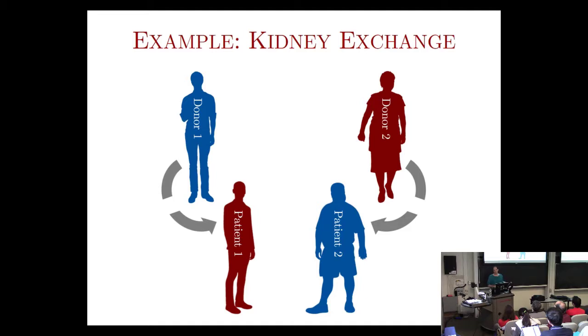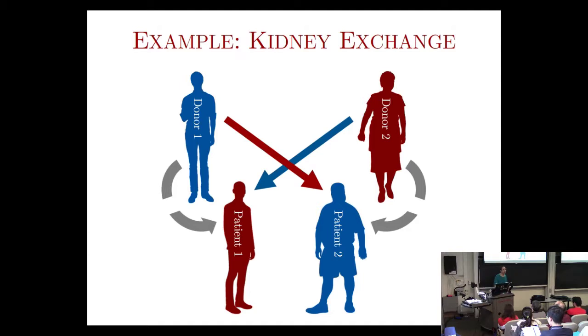But it so happens that donor one is compatible with patient two, and donor two is compatible with patient one. And in that case, they can exchange kidneys. Each donor gives a kidney to the other patient, and that way both patients get a healthy kidney from a living donor. So this is really the simplest form where you have a pairwise exchange, which we think of as a two-cycle.